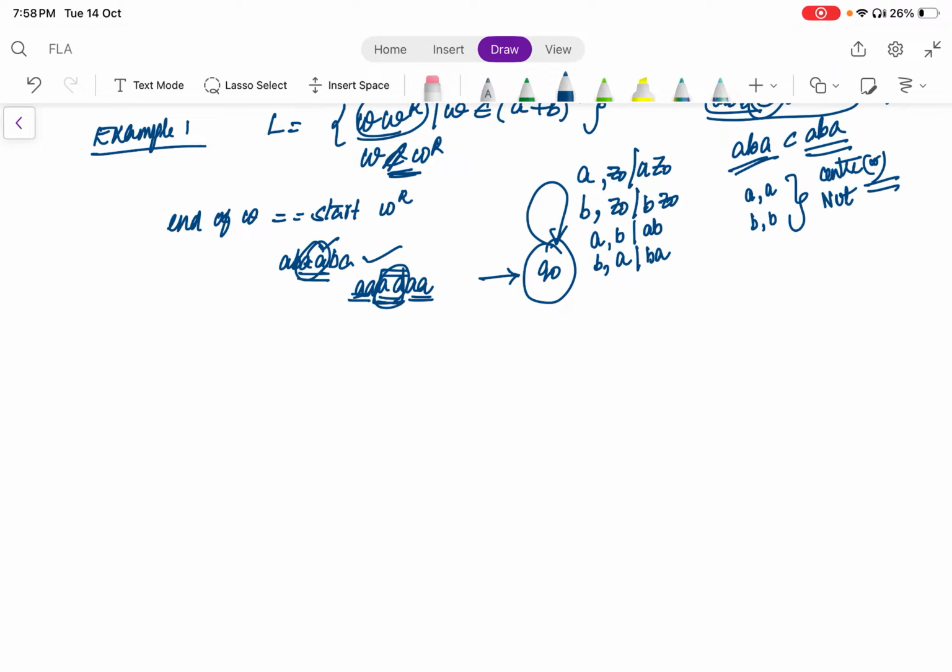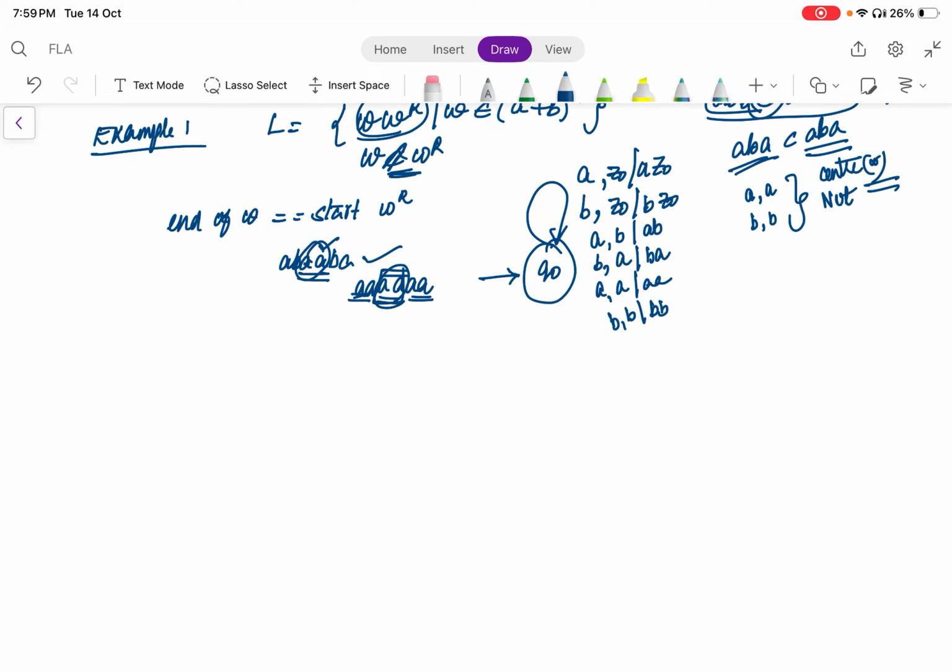For these two conditions, how would you define the logic? If it has not reached the center, you just add those two transitions here itself. A is the input, top of the stack is A, then you will have AA. B is the input, top of the stack is B, then BB. This is the same as the deterministic pushdown automata, W power R example.